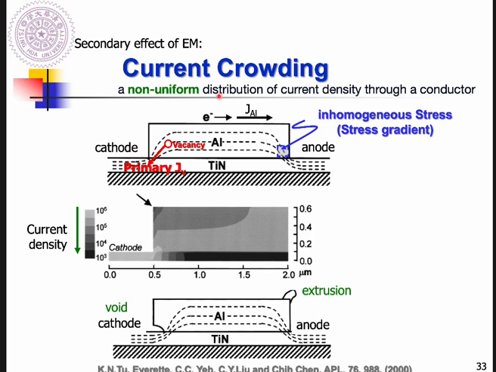But the secondary effect is due to a non-uniform distribution of current density. People use simulation techniques to plot the current density distribution for this aluminum wire.